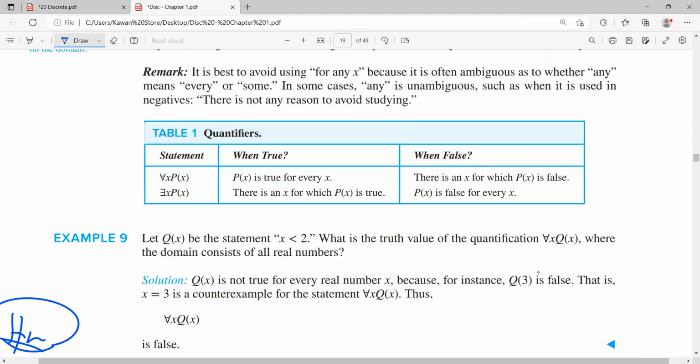Okay. Example number 2. So on that one, table 1 is what? It tells you the truth should be true for every, for all. For all, every. Things should be true. How about the false? Bring one example which is not true.